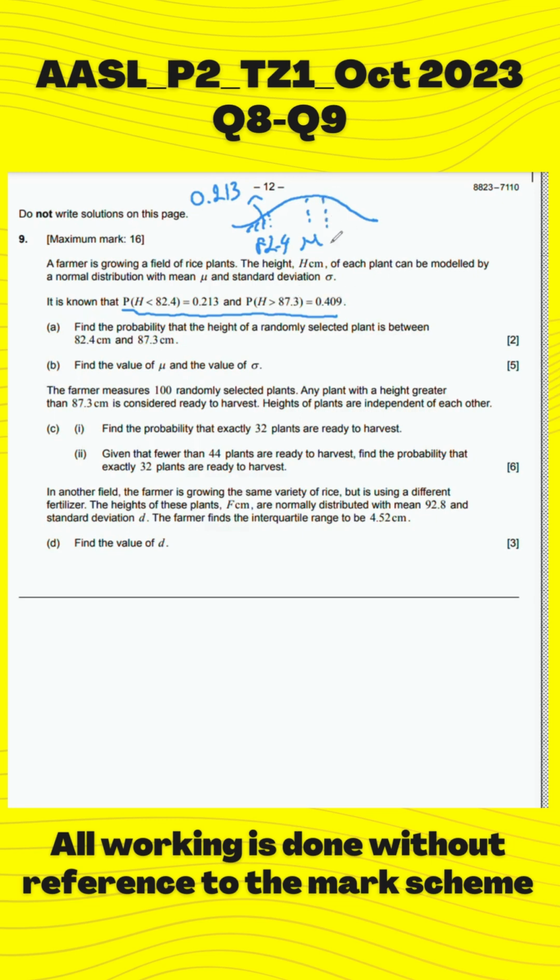So let's say 87.3 is here, and this area is 0.409. Find the probability between these two. So they ask for this area. This will be 1 minus 0.213 minus 0.409. We'll have 0.378.